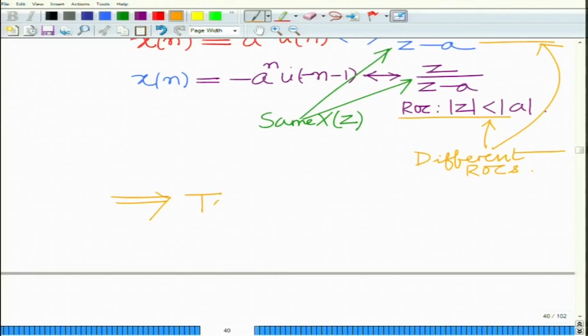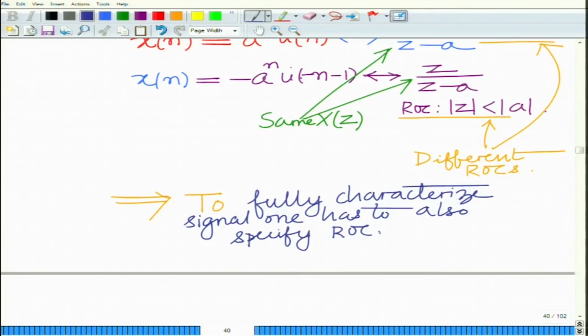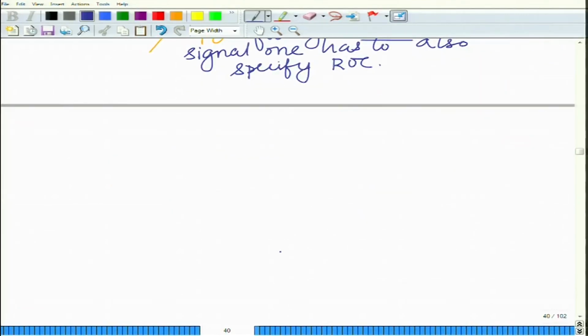So, to fully characterize the signal one has to also specify the ROC. Okay. All right, let us look at the Z transforms of some common sequences.